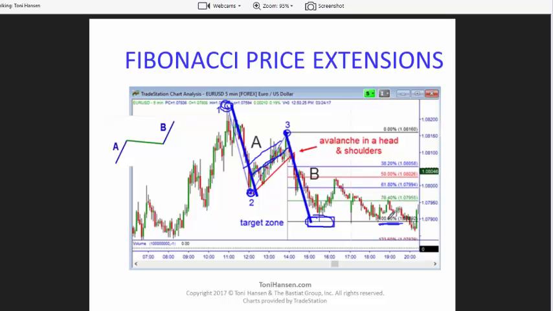So for example, if I see that the momentum is kicking off really typical to what I would be expecting, then I will place an order on the books just prior to where that exact 100% extension level would be. And at that point, I then watch and monitor the trade as it unfolds.